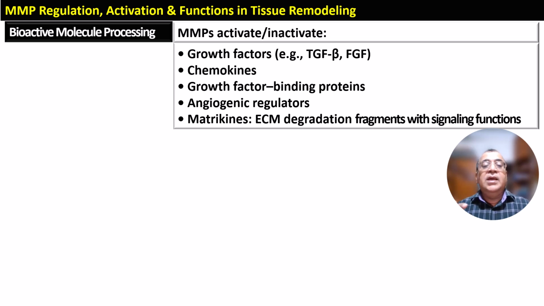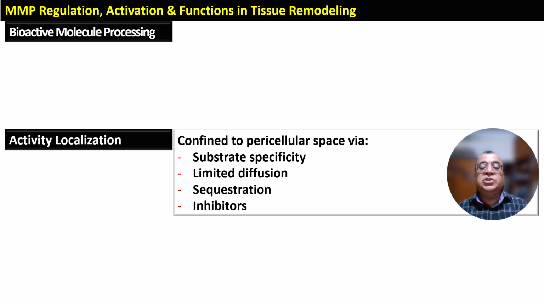They may activate or inactivate the bioactive molecules such as growth factor, chemokines, growth factor binding proteins, angiogenic regulators, and matrikines that are the extracellular matrix degradation fragments with the signaling function.